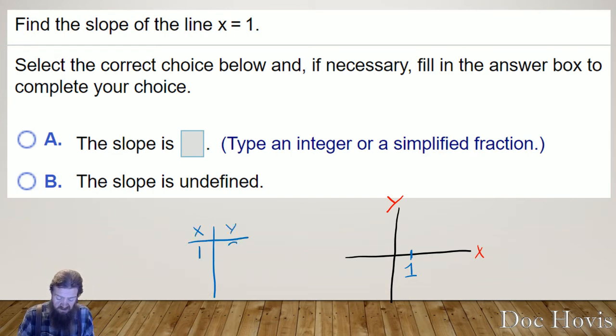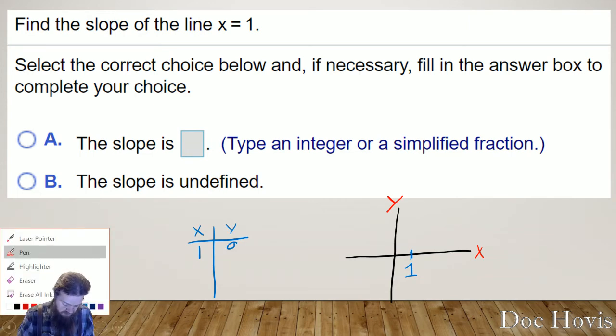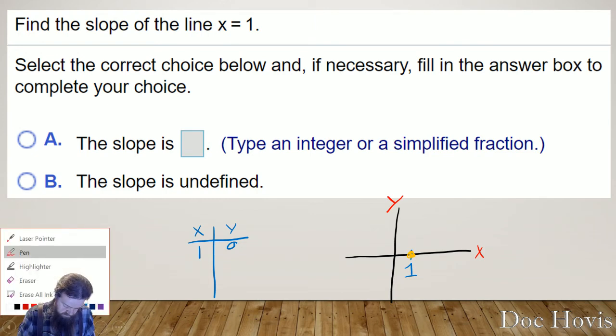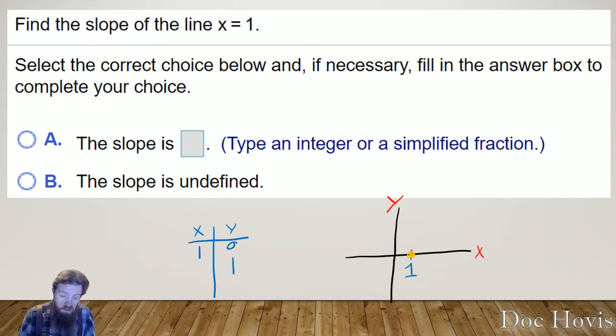Y is 0. Okay, so we put a little dot right there. Well, what happens if y is 1? What's x? X is 1. So we put a little dot here. Well, what if y is negative 1? What's x? X is always 1.